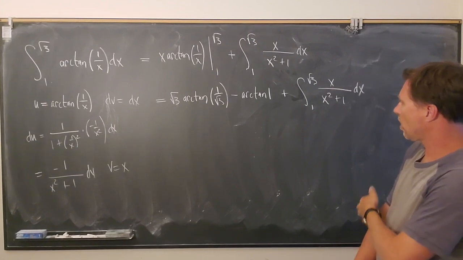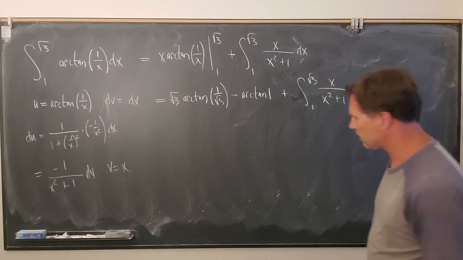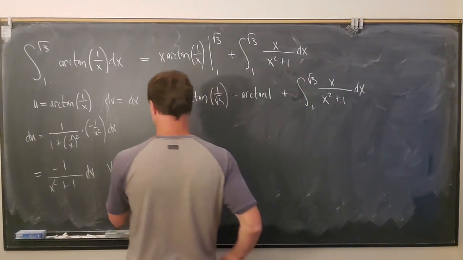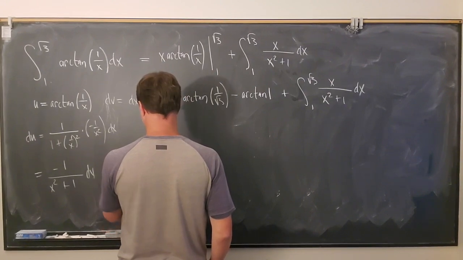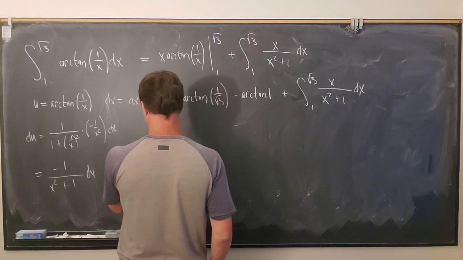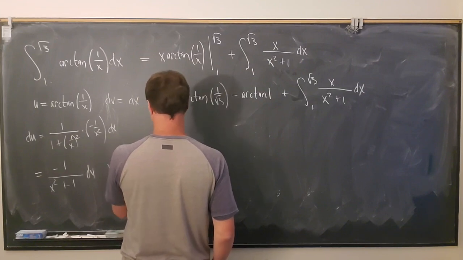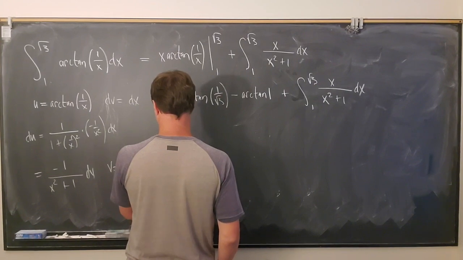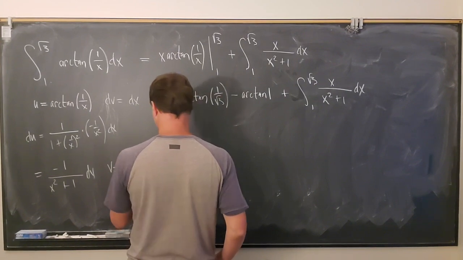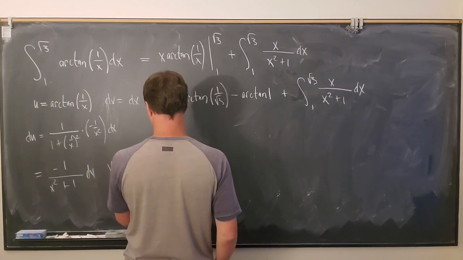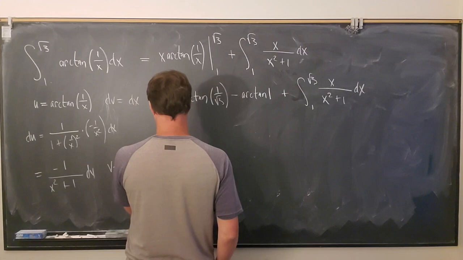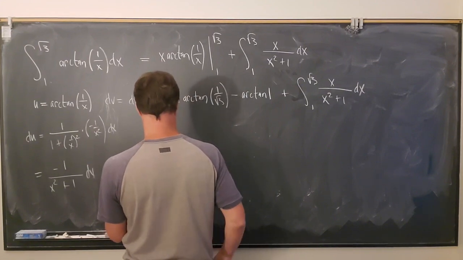Let's see, arctangent of 1 over root 3. What is that? Pi over 6? I spaced out. Oh, it's pi over 3, right? Because that will give me sine root 3 over 2 over 1/2, which is root 3.